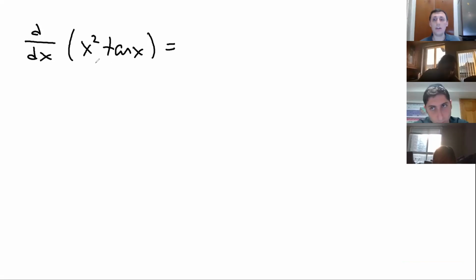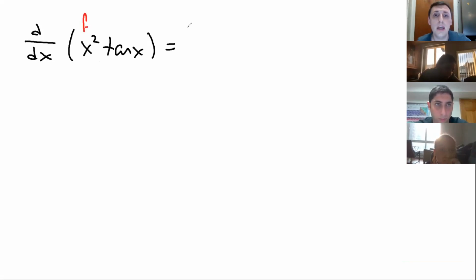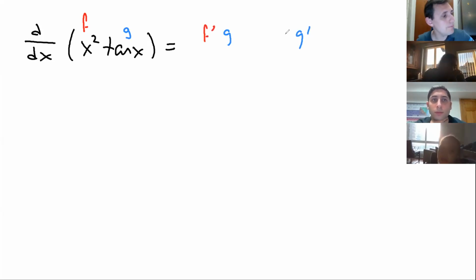All right, guys, so how do we do this? It should take a few moments, right? So we have 2 functions and we know how to derive each of them separately. We have this function, which I label as f, it's x squared, and another function which I label as g, it's tangent. So we see that the result should be f prime g plus f g prime.